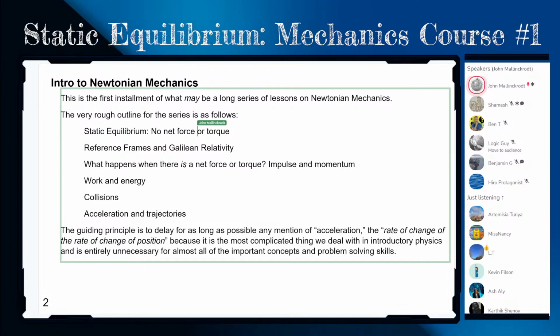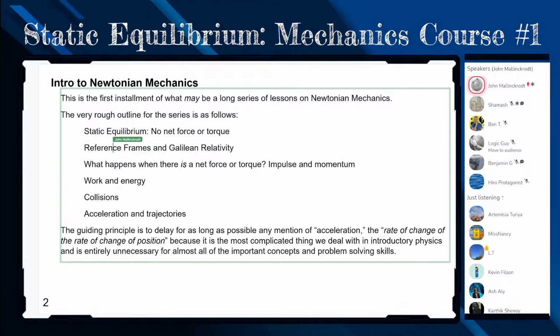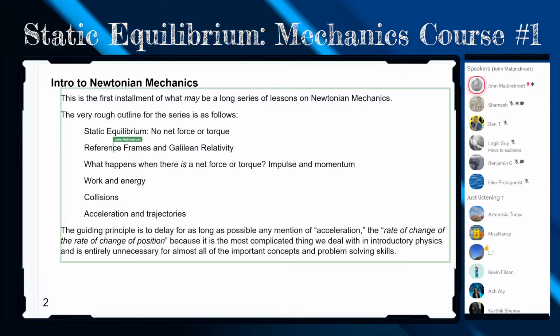Then we'll move in the next phase probably to talking about reference frames and Galilean relativity, to emphasize the point that having no net force doesn't mean not moving, because not moving is kind of a weird idea. As far as we know, even to this day, there's no such thing as absolute rest. There's only being at rest relative to something else.